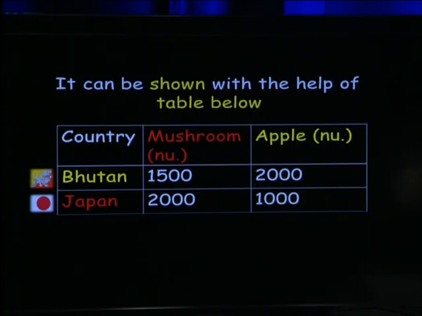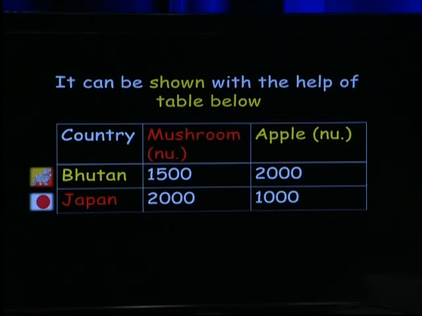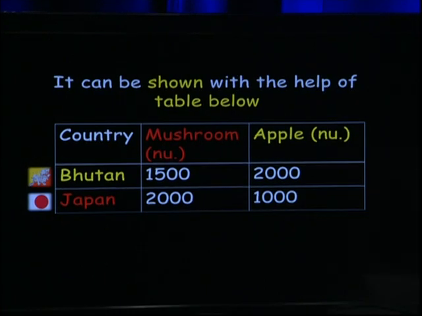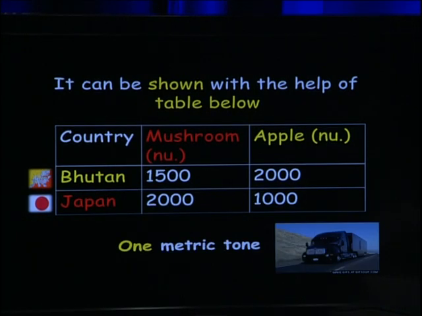This absolute cost theory can be explained with the help of this table. In this table, there are two countries involved, Bhutan and Japan. The table shows the cost of production incurred by Bhutan and Japan in producing 1 metric ton of mushroom and apple.